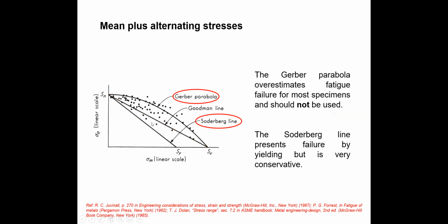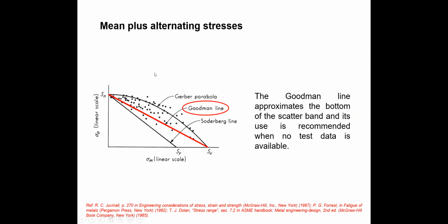But in here you can't get the number of cycles to fail it. You can just say that the particular element has an infinite lifetime or a finite lifetime. If it is above this Goodman line, you can say it has a finite fatigue lifetime. It will break at one point.